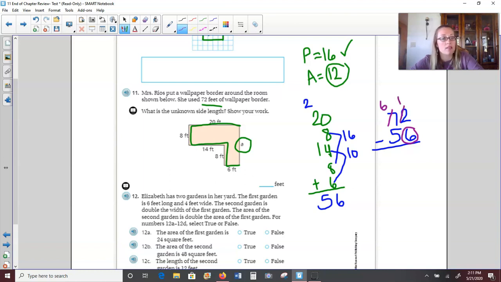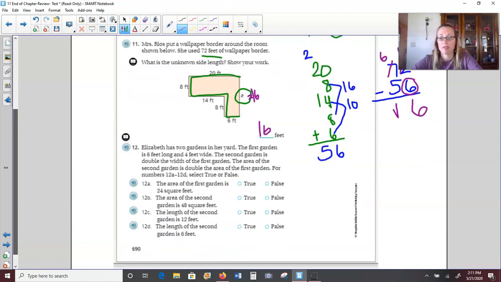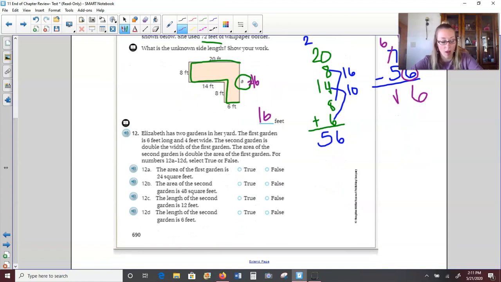That adds 10 more to our 1s, making 12. 12 minus 6 is 6. 6 minus 5 is 1. So just double checking here. What we calculated is that this missing side would equal 16 feet. Okay? Perfect. All right, guys, last problem.